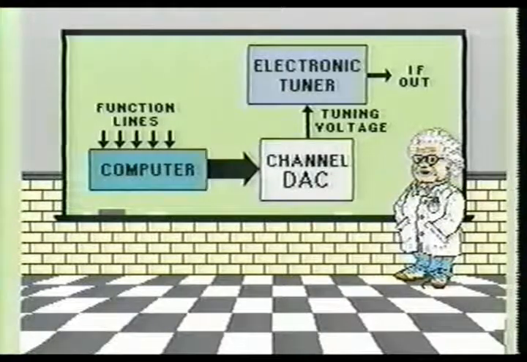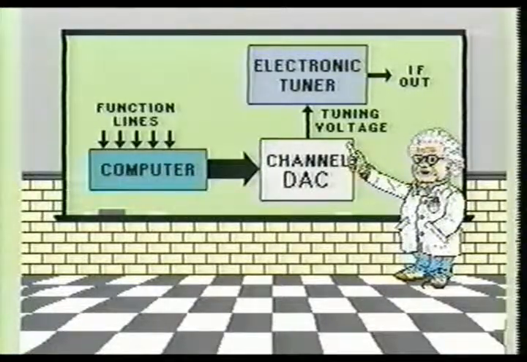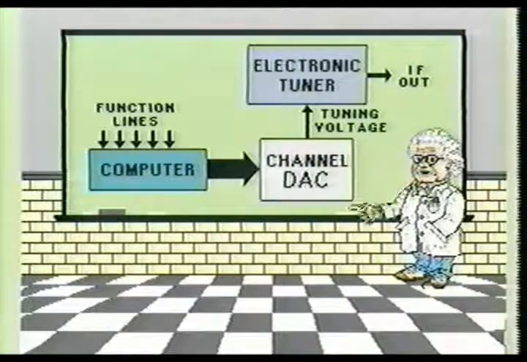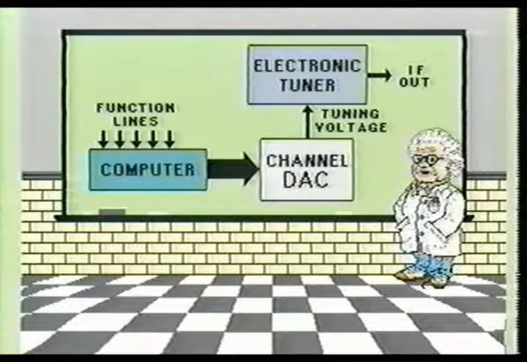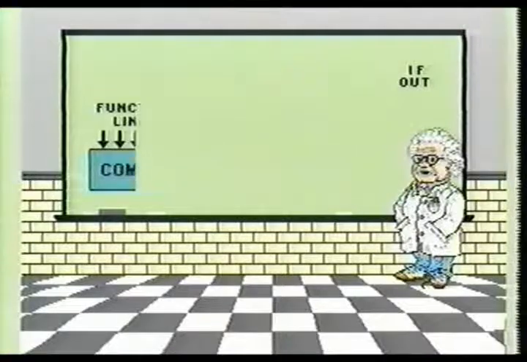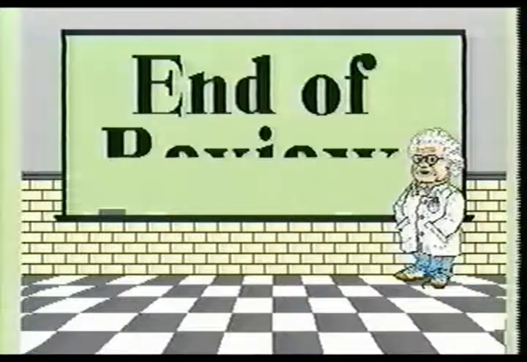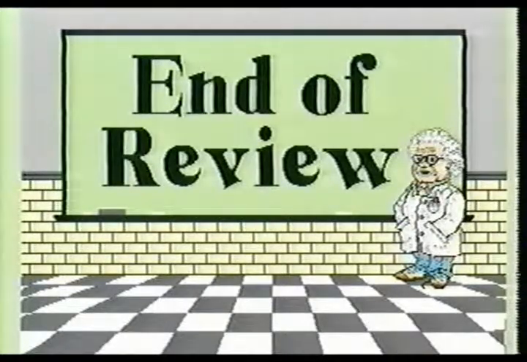A small internal computer is used to output a proper combination of parallel bits to a digital to analog converter. The digital to analog converter supplies a correct tuning voltage to the electronic tuner based on the parallel bits. This concludes review number 6.